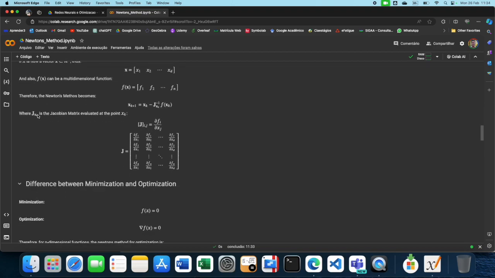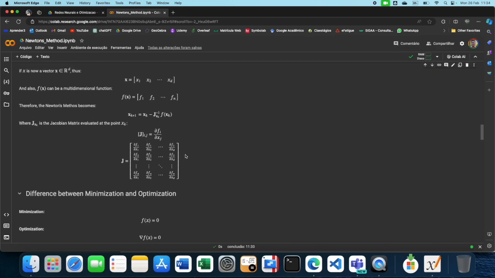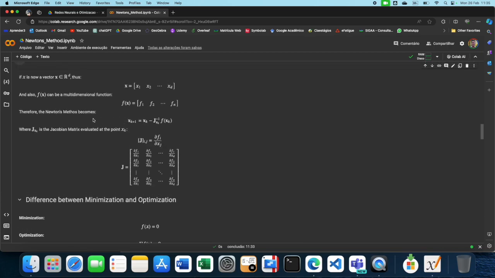This J is the Jacobian matrix evaluated at the point xk. The Jacobian matrix evaluates the gradient of the function f. And this now becomes a vector function, a vector method. So that's why a matrix appears right here.